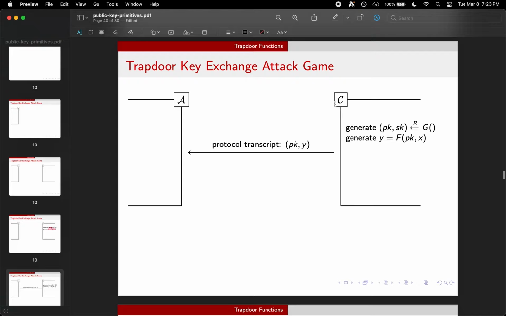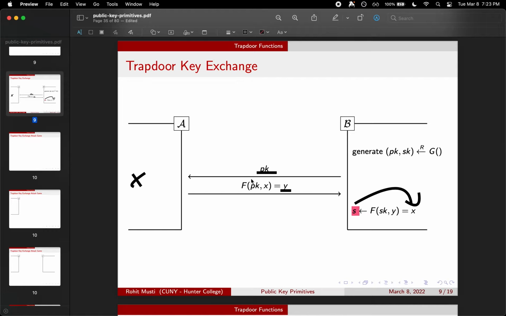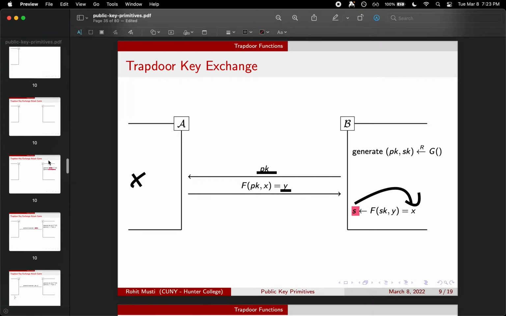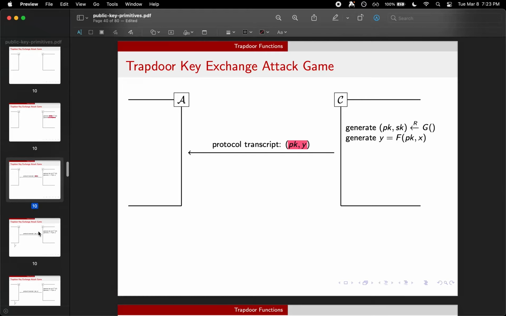Then the challenger sends the protocol transcript, which is just pk and y. If you recall from our previous discussion, pk and y are literally the transcript from a trapdoor key exchange.